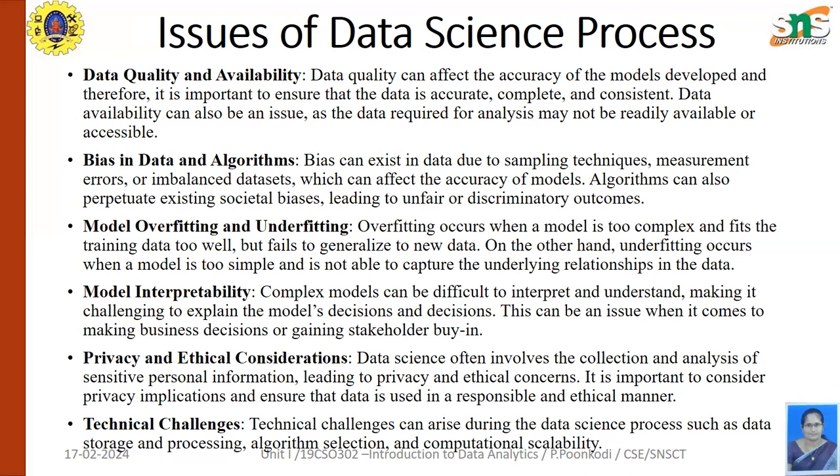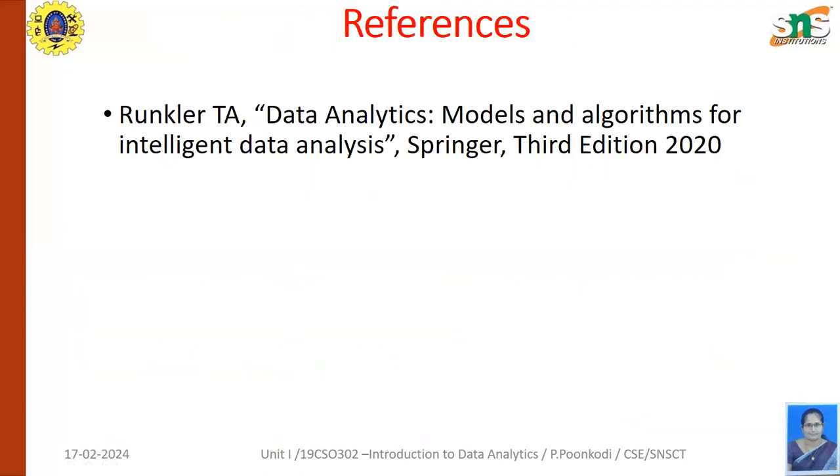Then the next one is privacy and ethical considerations. Data science often involves the collection and analysis of sensitive personal information. Then technical challenges. Technical challenges can arise during the data science process, such as storage and processing, algorithm selection, and computational scalability. Reference book.